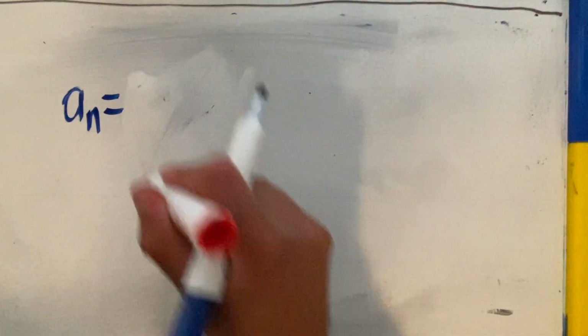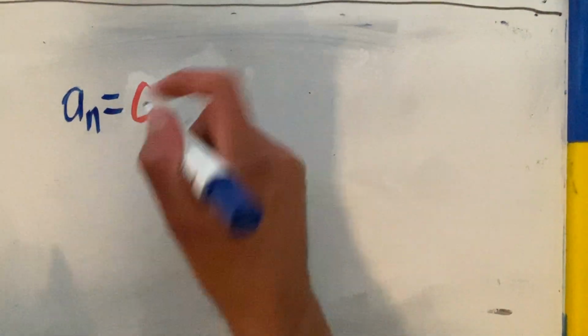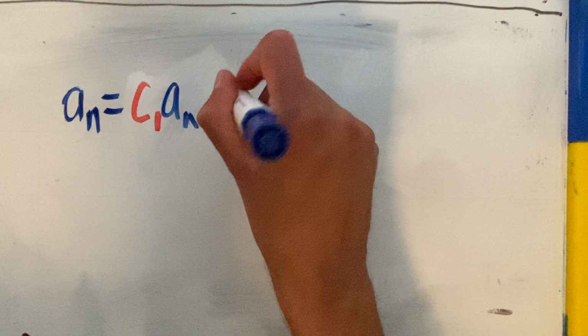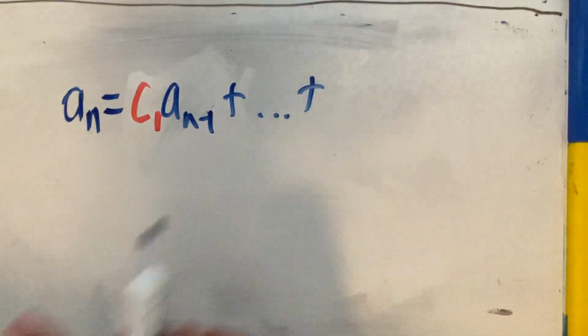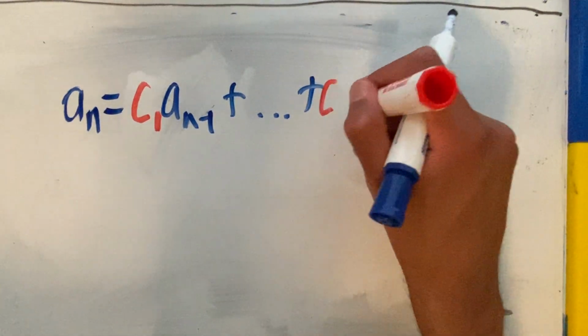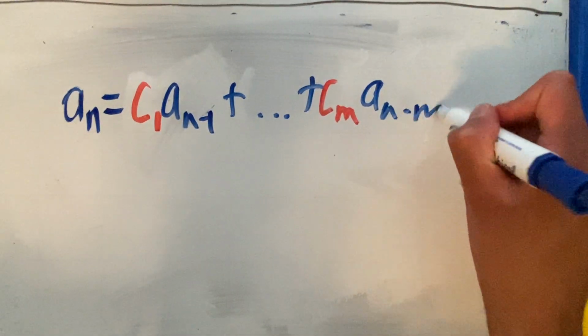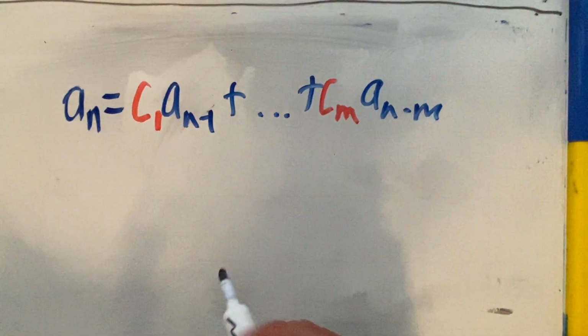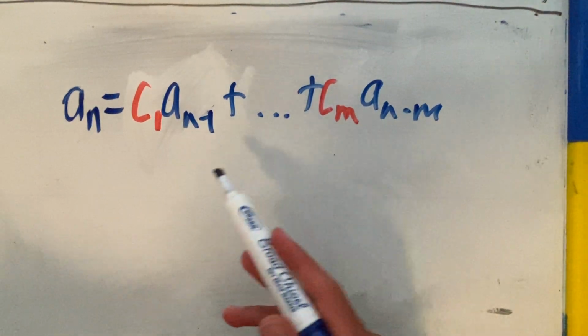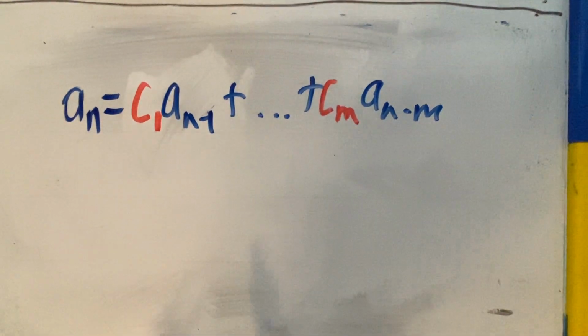Let's use some red. So c1 times a sub n minus 1 plus c sub m times a sub n minus m. So there's just a number of terms here, and you're just adding constant multiples of preceding terms.